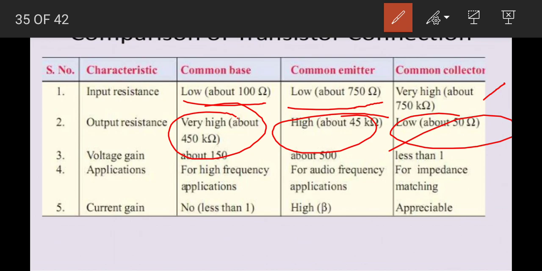These are the comparisons of common base, common collector and common emitter. Another parameter added is the current amplification factor: here alpha, here beta, here gamma. Note down this point, number 6.